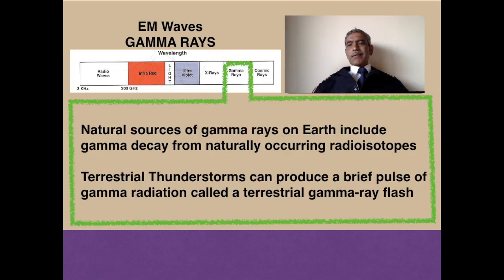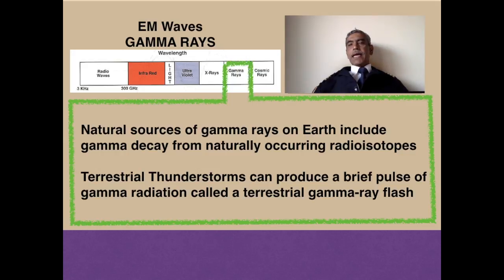On the Earth, gamma rays can be produced by naturally decaying radioisotopes. That means after a nuclear reaction, in nuclear energy plants, after having undergone the reaction, when it is dying down, they can give rise to gamma radiation.